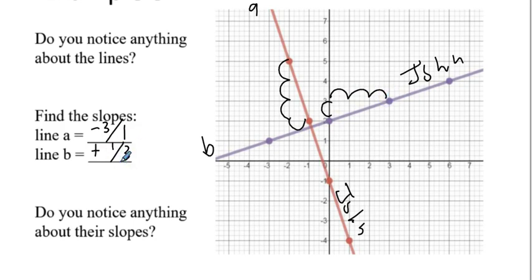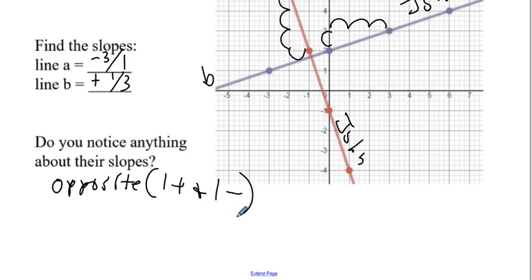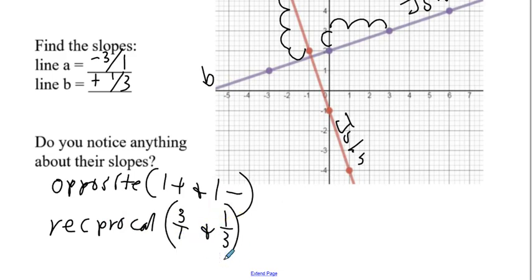Do you notice anything about these slopes? Well, they're opposite. One positive and one negative. And they're also called reciprocals. Okay? 3 over 1 and 1 over 3 are reciprocals.